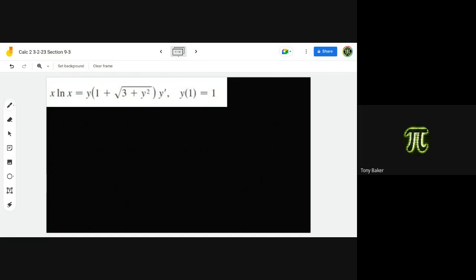All right, so what do we got to do first for this one? Yeah, we're going to change this right here to dy/dx. And then I can move the dx over, right? So I have x ln of x dx equals y times 1 plus 3 plus y squared dy.